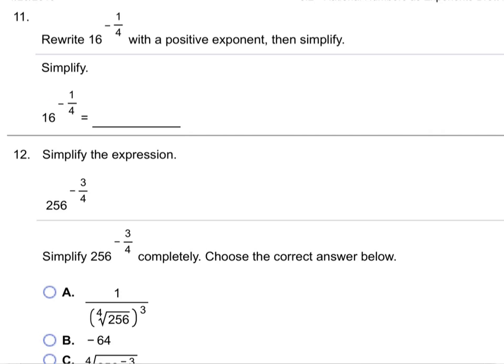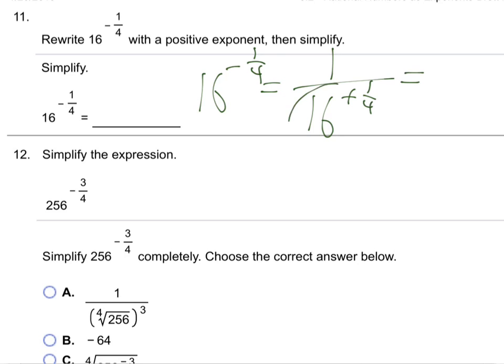Let's do this. Negative power. So what did we just talk about with a negative power? It flips, huh? So it'll go underneath a 1, and then the power will become positive. And then I would just do this on your calculator. Once you have it flipped, you'll get 2, so the answer is a half. See how the power was negative?